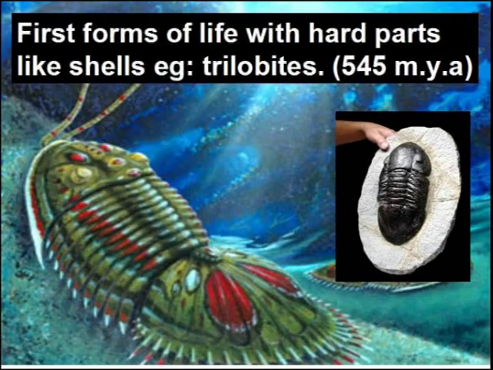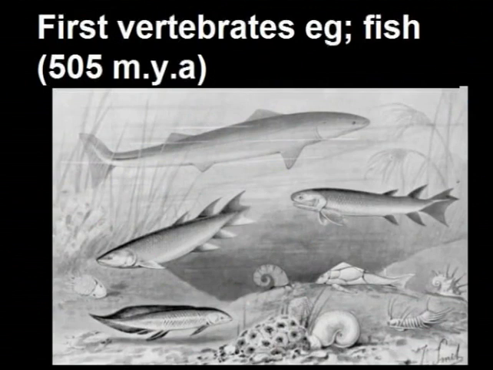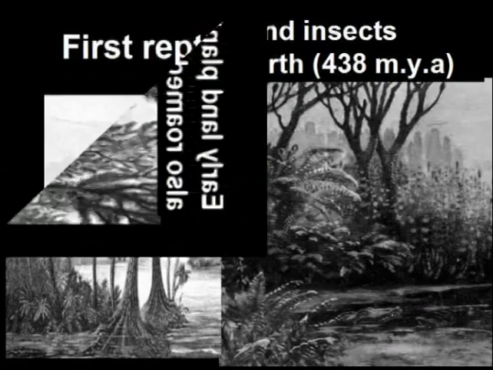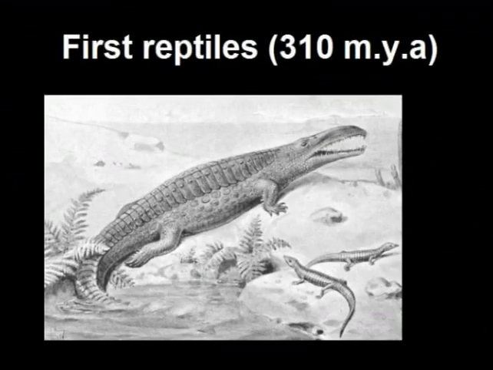Then we have the trilobites, first fish, then the early plants that were on the land were mostly ferns. Then creatures from the water moved up to the land, and we have the first reptiles.